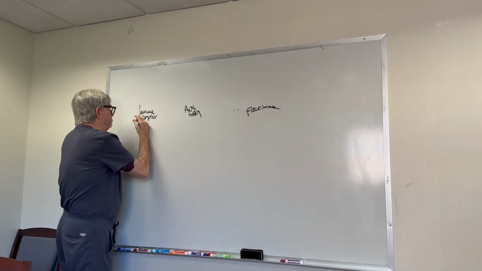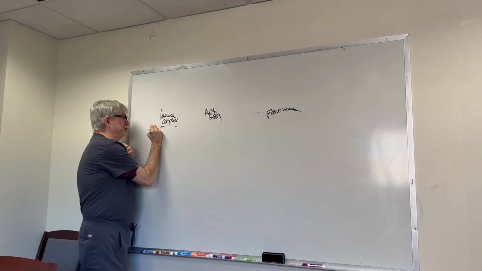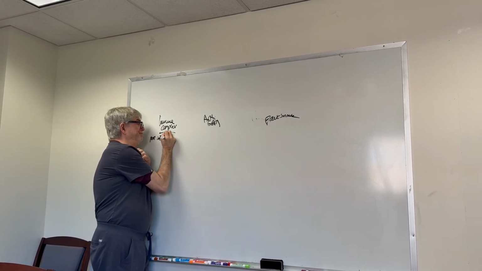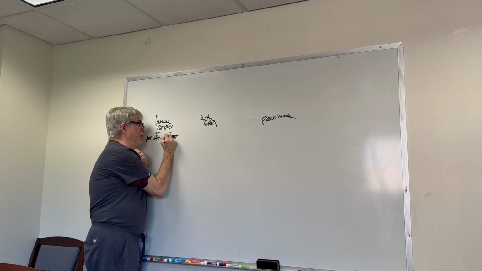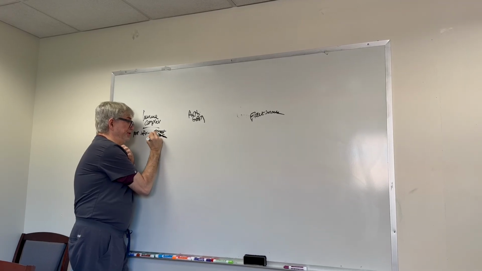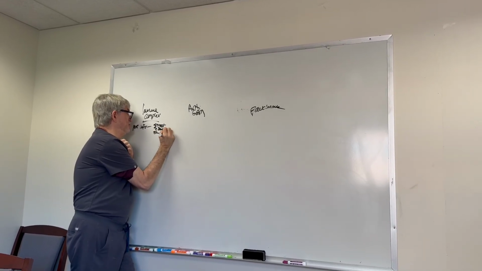Now, immune complex, okay, the causes are post-infectious. The classic teaching one is strep. You can see this with endocarditis or a shunt nephritis, shunt infection.